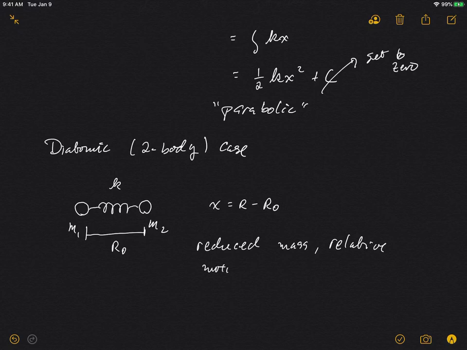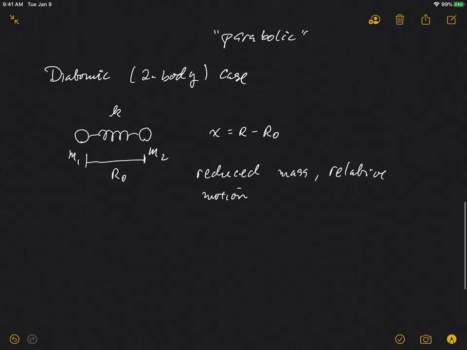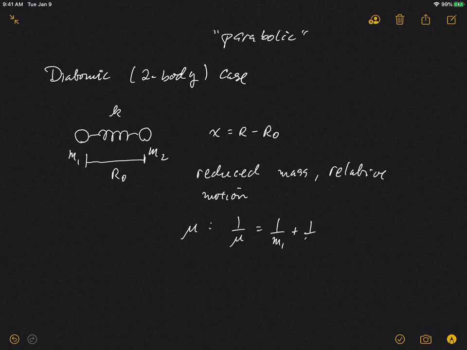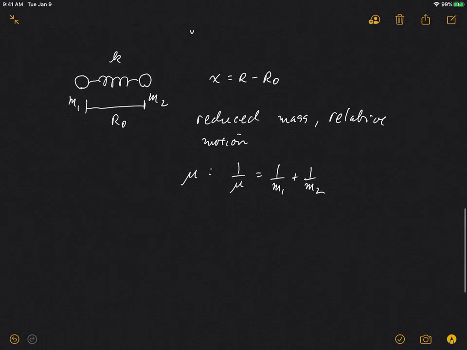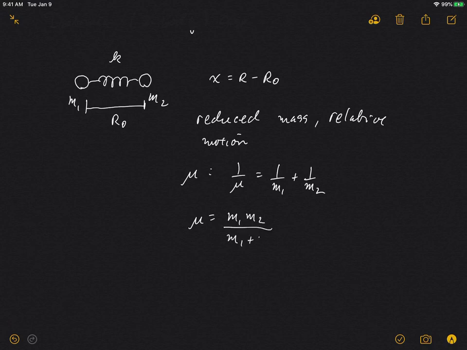So for relative motion, we can define a reduced mass, mu, such that 1 over mu is equal to 1 over m1 plus 1 over m2. Or we can rearrange and say mu is equal to m1 m2 over m1 plus m2.